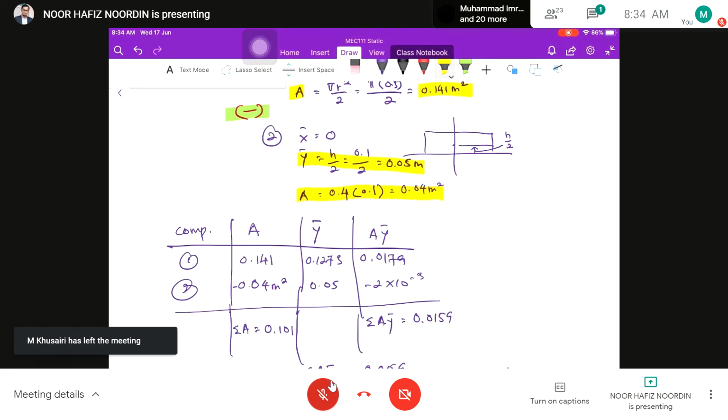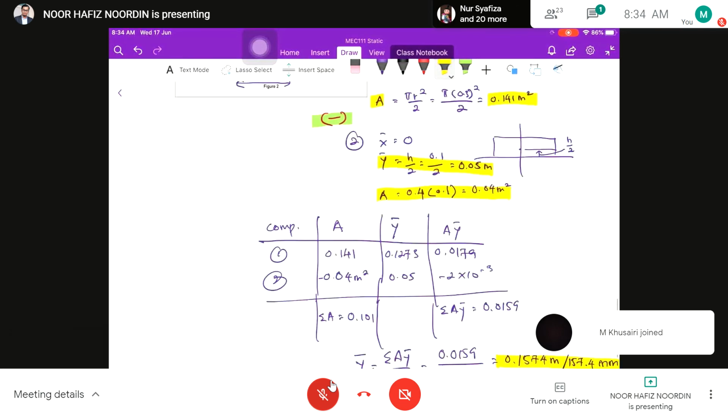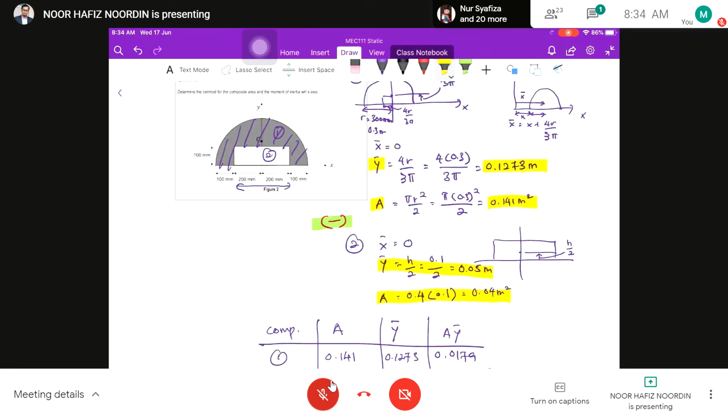And then the coordinate for C is actually at 157.4 mm, which kalau tengok ni 100 mm saja, so di atas sikit pada 100 mm tu. That one is the centroid. And then the coordinate kita boleh tulis sebagai (0, 157.4). Okay, ini x bar, this one is y bar, overall. Right, so understand?